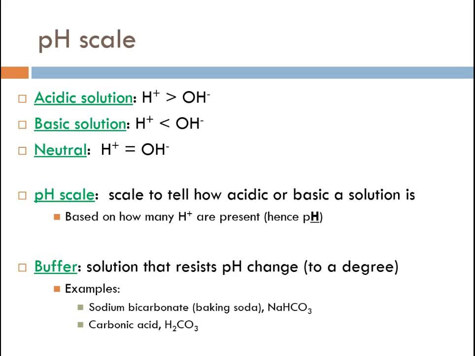It has the ability to resist some of these pH changes because it can mop up those hydrogen ions or OH ions and stay in a normal range. An example would be sodium bicarbonate, baking soda, as a buffer, or carbonic acid. If you've ever used it in the hospital or in the labs, it's the same thing.